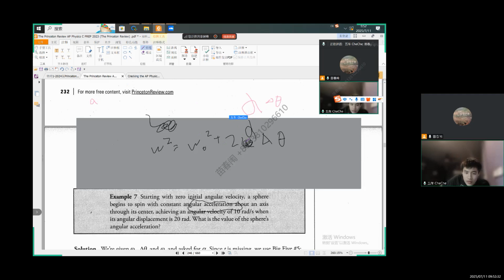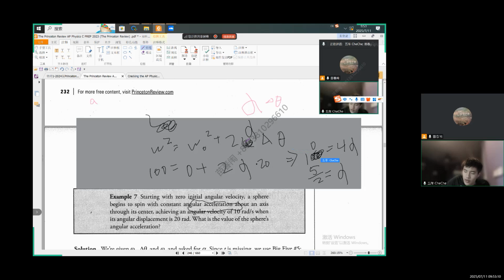Okay. So it's saying we have a velocity of 10 at the end. So 100 equals 0, the initial velocity squared, plus 2 times the thing we're trying to find, alpha, times the displacement of 20. That turns into 100 equals 40 alpha, so alpha is 5/2.